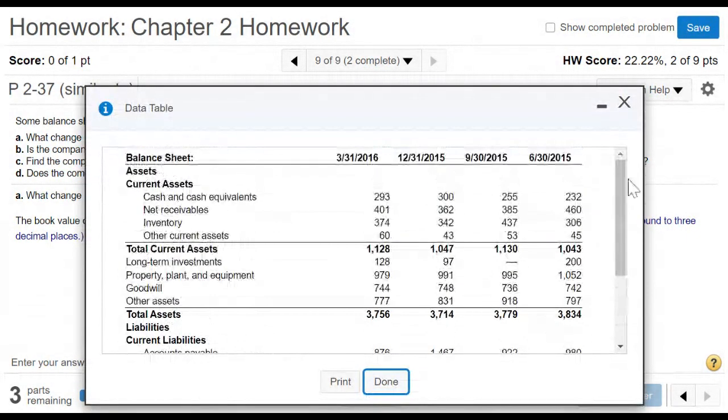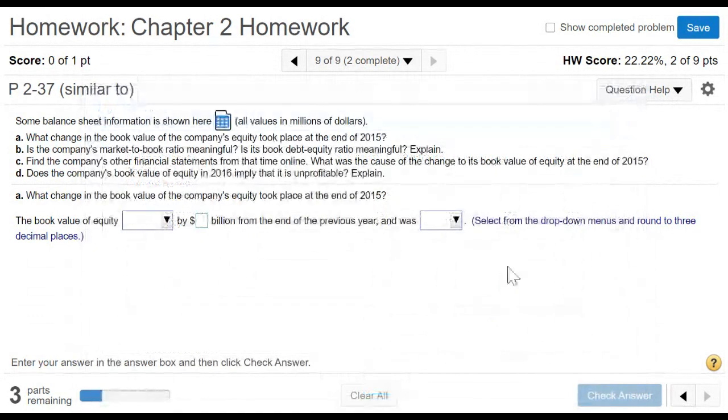I'm going to let you calculate this one on your own, and you're going to come back to me. All I'm going to say is that on this question, sometimes companies borrow and a negative number overtakes a positive number, and it turns into a negative.